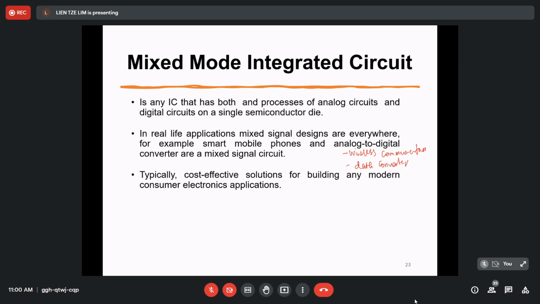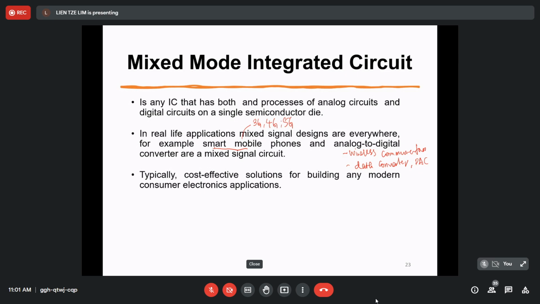Here we have already given the analog to digital converter, and in addition, the digital to analog converter is also included. For smartphones, I want to specify here, nowadays all of us use smartphones, and the smartphone can be used with 3G, 4G, and 5G wireless.